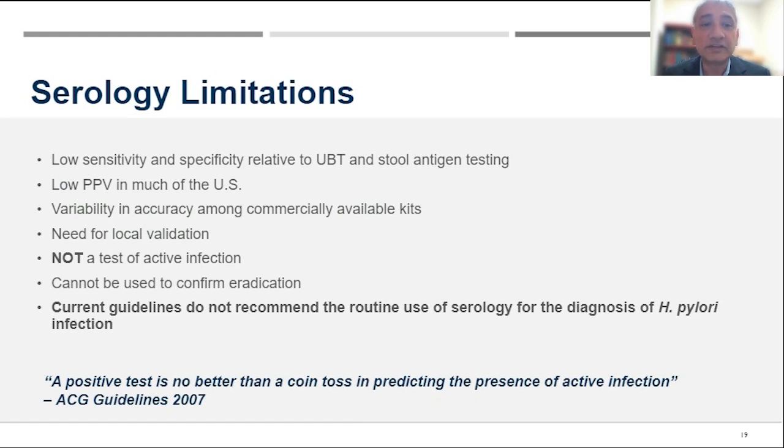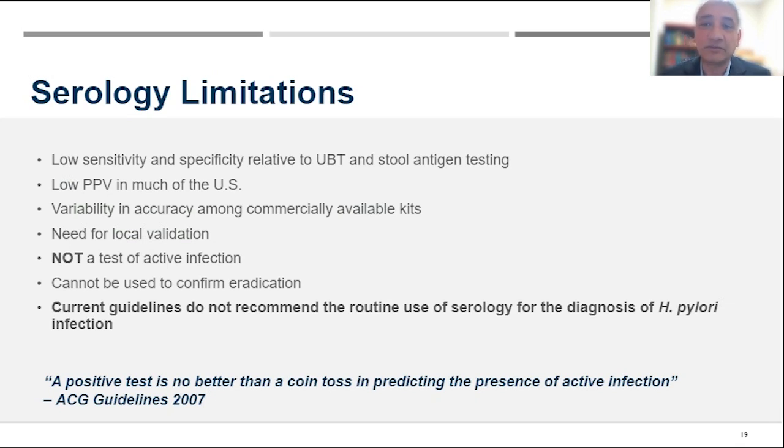There's significant variability in accuracy in the commercially available kits. And this points to a need for local validation. If a commercially available kit was developed in a different geography than where it is used, there's enough difference in strains where the sensitivity in an area separate from where validation occurred would be significantly less.